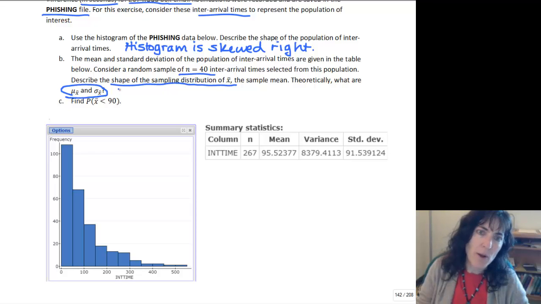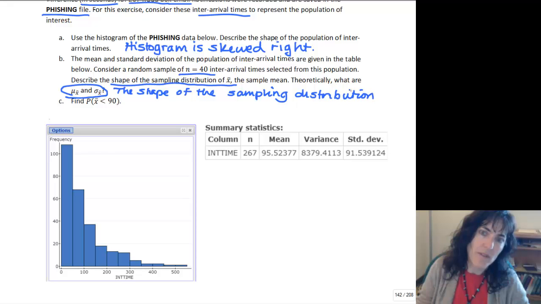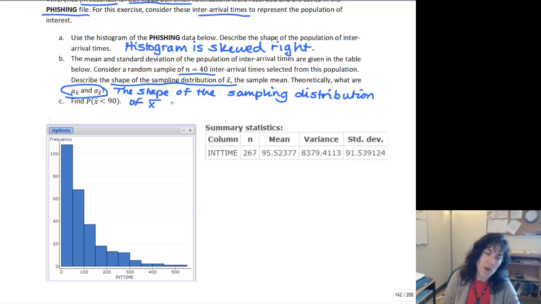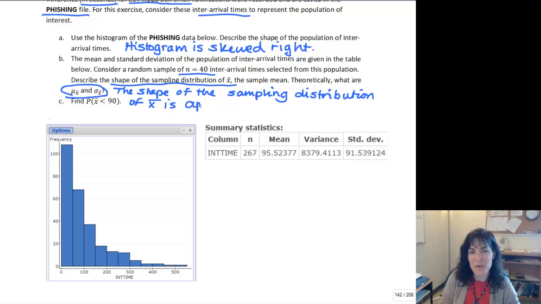So the shape of the sampling distribution of X bar is approximately normal.